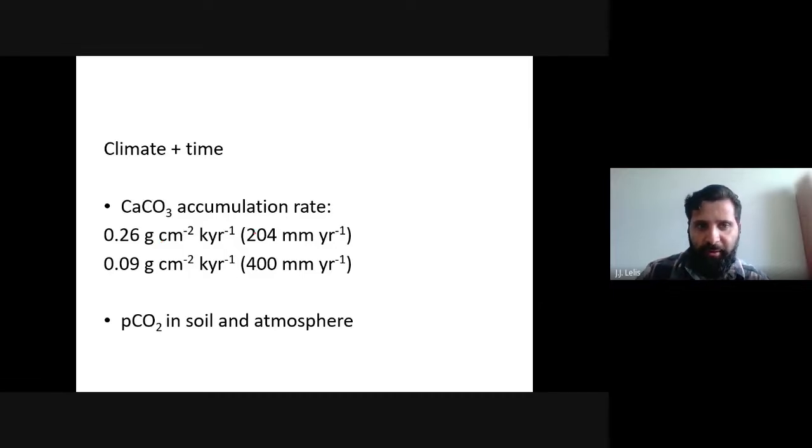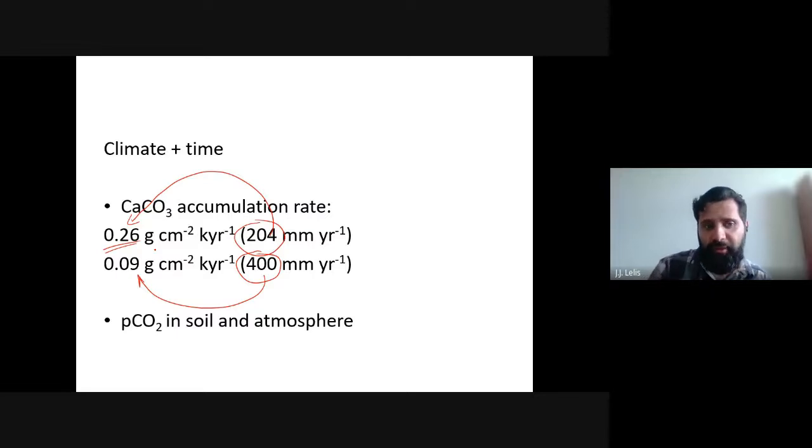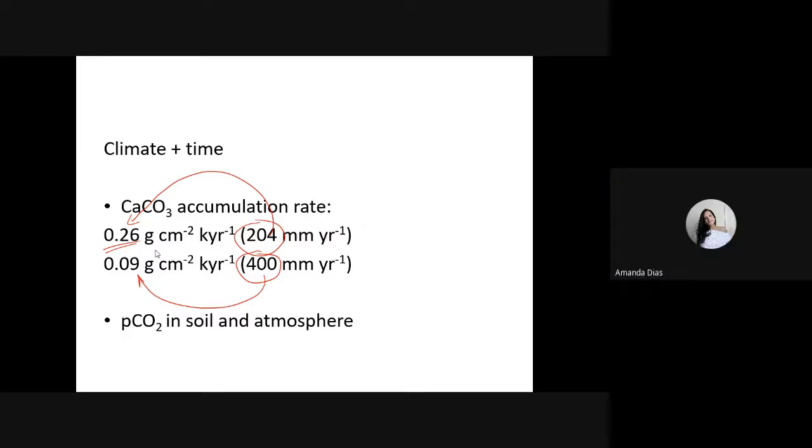Drier conditions favor the precipitation, not the dissolution, but the precipitation. And a wetter climate also favors the precipitation of calcium carbonate, but it's not so easy because it's too wet.